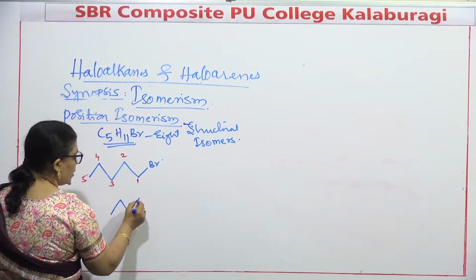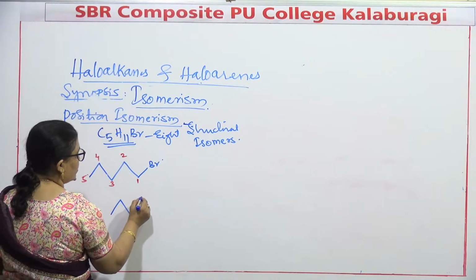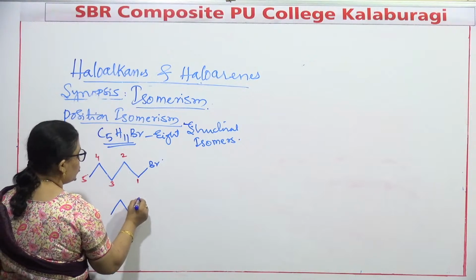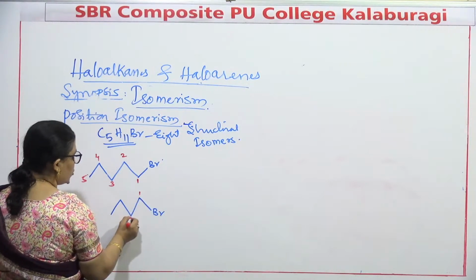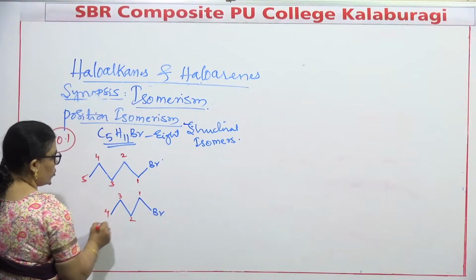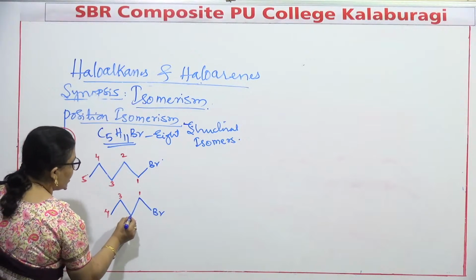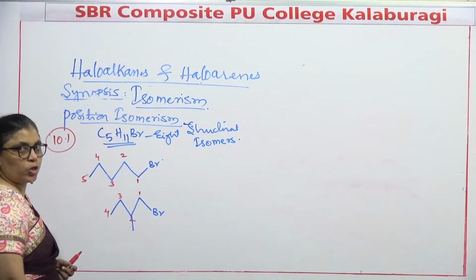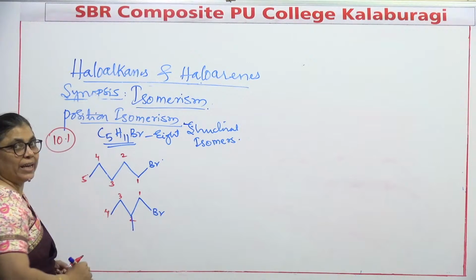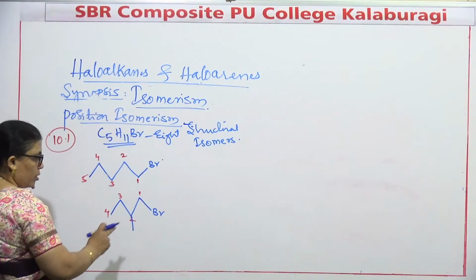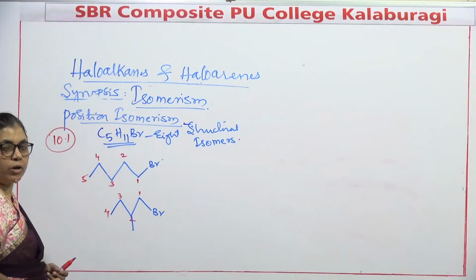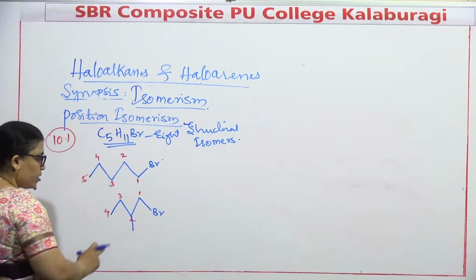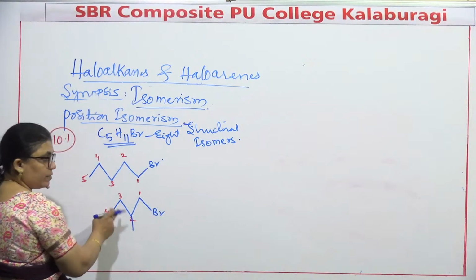Here we'll keep the Br as it is, at carbon atom number 1. Carbon atoms 1, 2, 3, 4, we'll keep as it is. And the second carbon atom will make one branch. It is what? Butane. Correct? Now, first carbon atom Br is there, second carbon atom what? Methyl is there. Instead of taking the second carbon atom, we can take this third also.